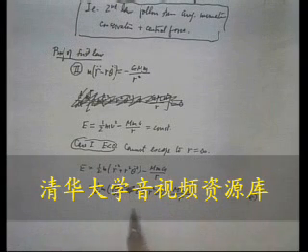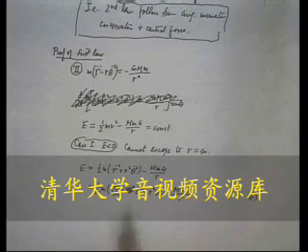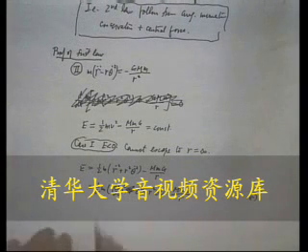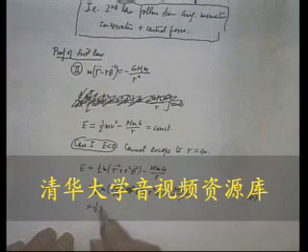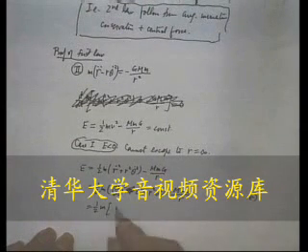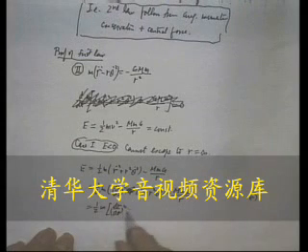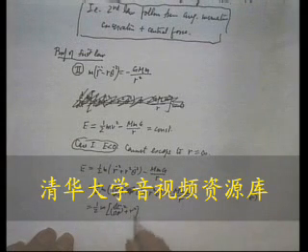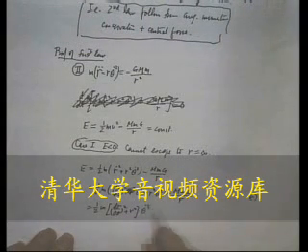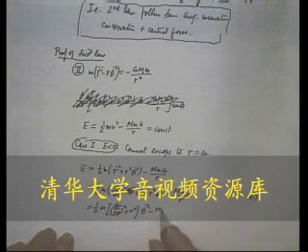R dot is equal to dr d theta times d theta dt, so I can write it this way, and therefore this is equal to 1/2 of m, dr d theta squared plus r squared times theta dot squared.